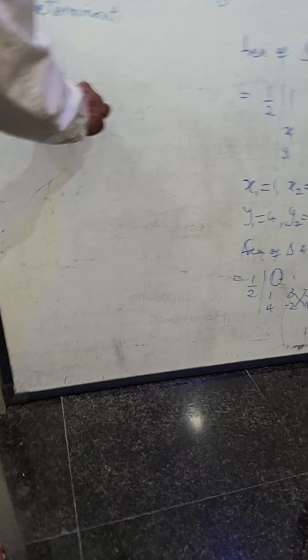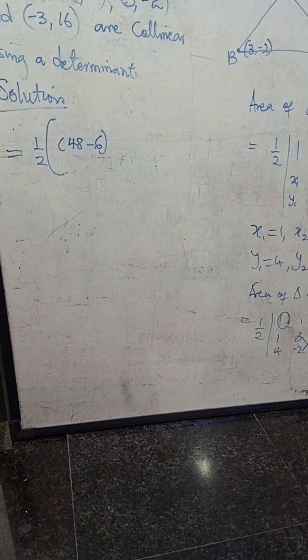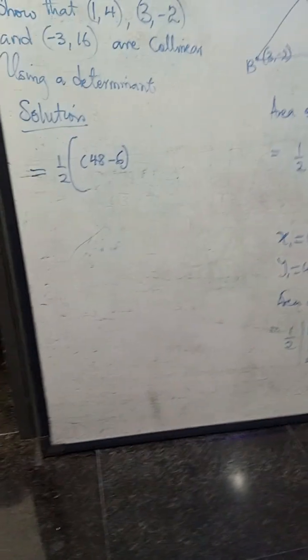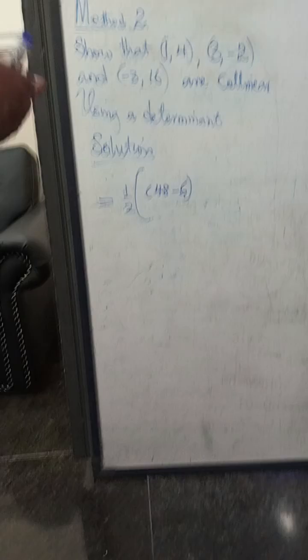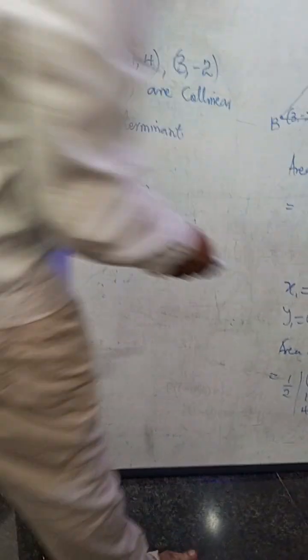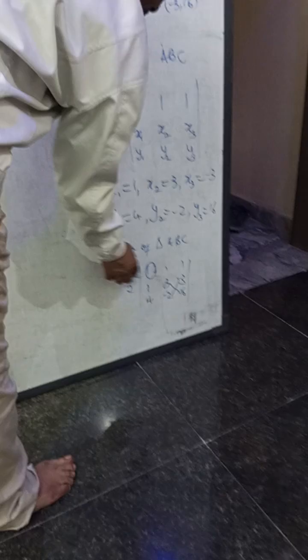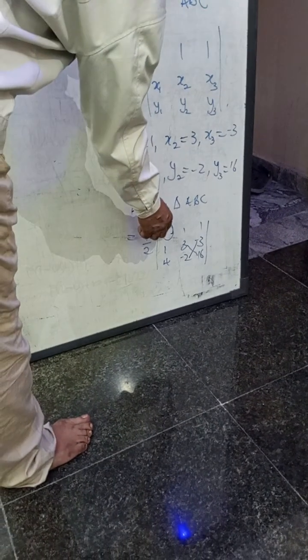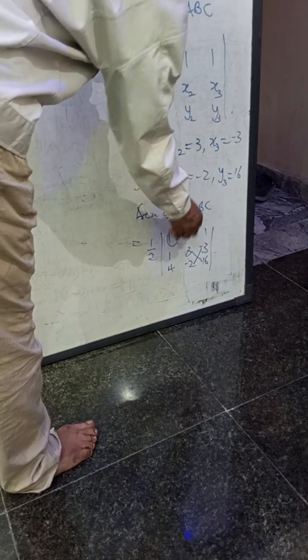Now, let me explain something at this point. Because of the addition and subtraction of the elements of the cofactors that make this matrix, when we are moving from this point to this point, the first value here will have a positive sign, the second value will have the opposite sign.